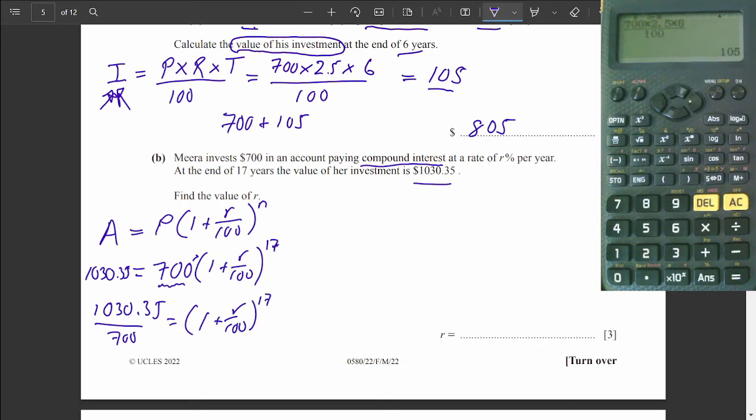Next would be to get rid of that 17. So that will be root 17, 1030.35 over 700 equals 1 plus r over 100.